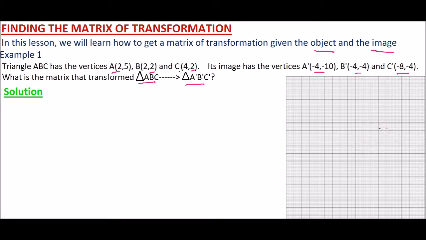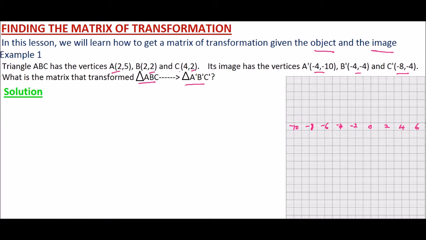So let's say this is 1. We start from here. Here we have 0, we have 2, we have 4, 6. On the negative side, we have minus 2, minus 4, minus 6, minus 8, minus 10.